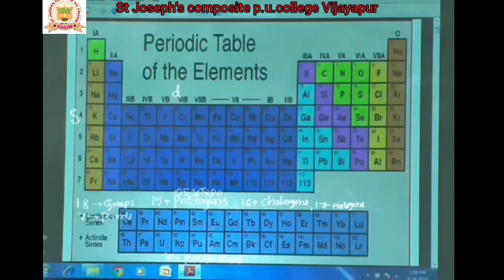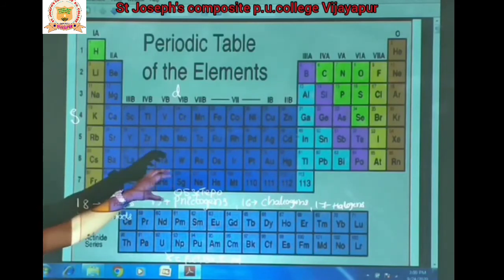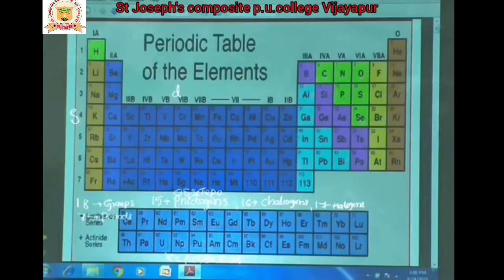The D block elements we call transition elements. Why the name transition elements for this? Transition means it transits the properties between metals and non-metals, and these D block elements have a number of unpaired electrons. Due to the presence of unpaired electrons, these metals we call transition elements.